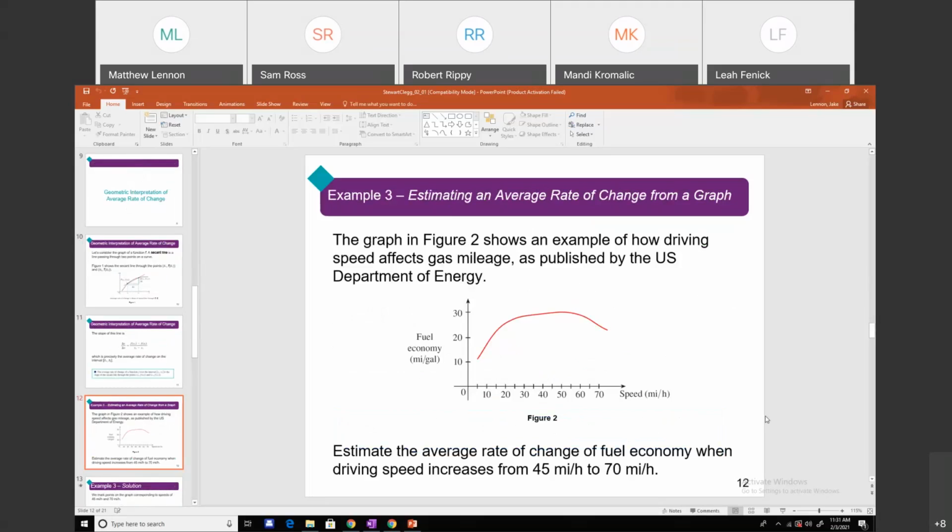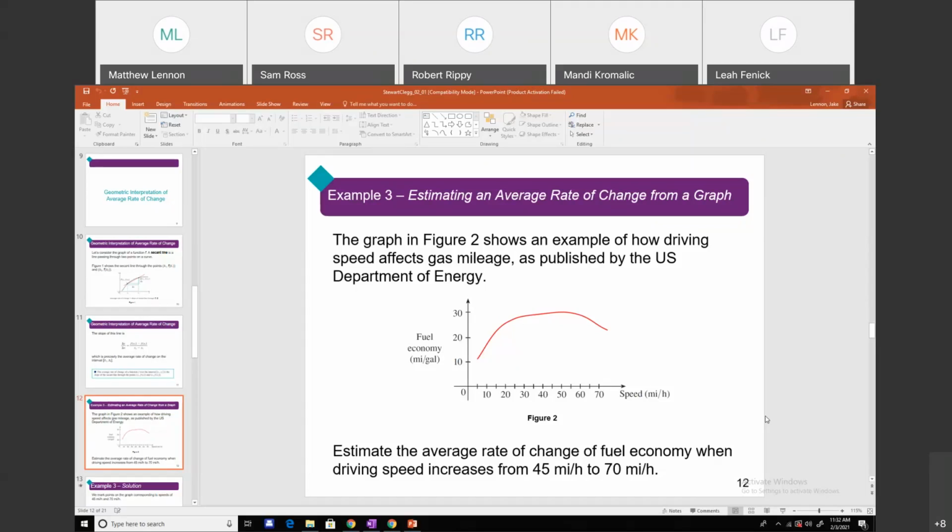Here we have an example where they're showing us a graph and maybe they ask us for an average rate of change from the graph. So all we do is we figure out what the 2 points are and then connect those dots and use the slope formula to figure that out. More interesting, though, to me is what are the units going to be here?